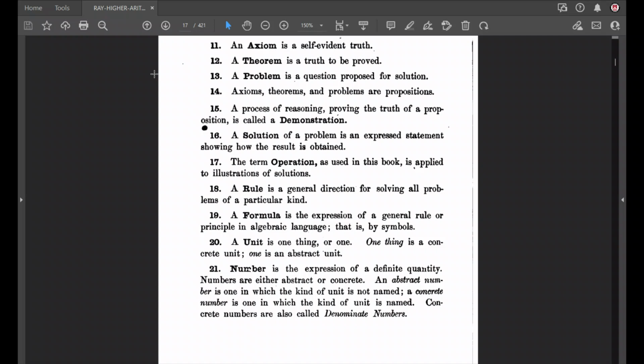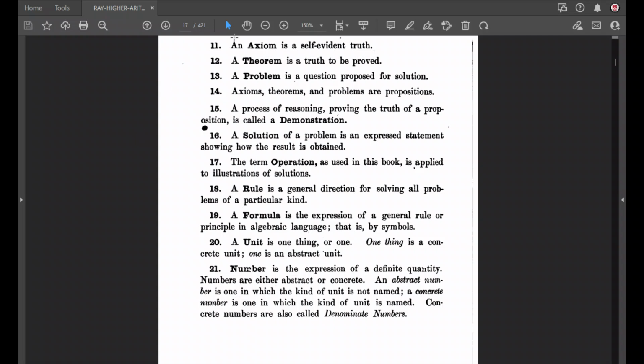We don't refer to the unit, we simply refer to the value, the number itself. A unit is one thing or one. One thing where the object is identified is called a concrete unit. One without any reference to any kind of unit or substance is referred to as an abstract unit.